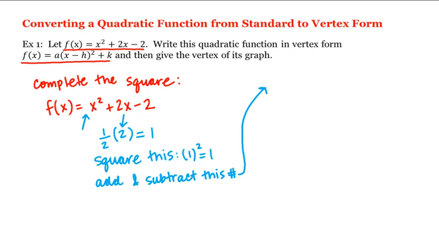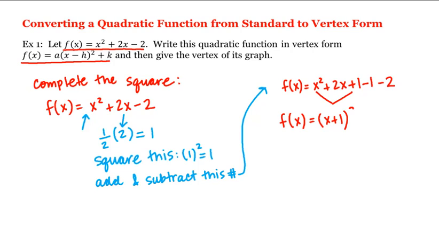That is, we have f of x is equal to x squared plus 2x plus 1 minus 1, and then we still have the minus 2. Now these first three terms will combine to give us a perfect square, namely x plus 1 squared.